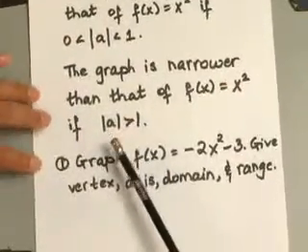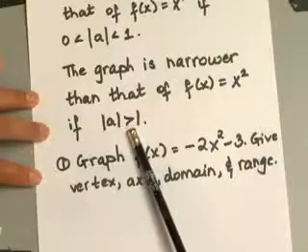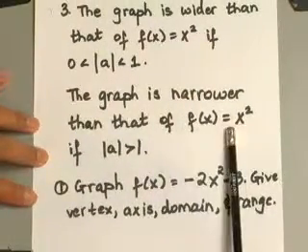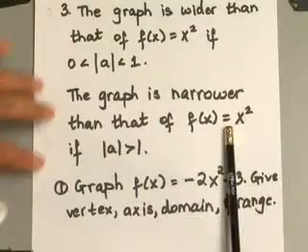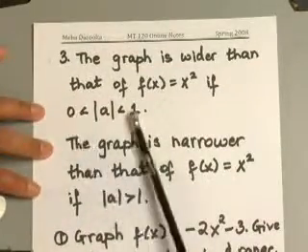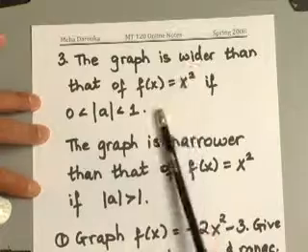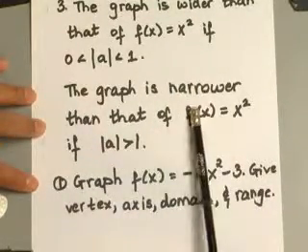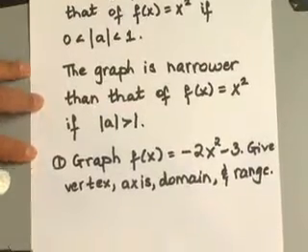And if the absolute value of a is greater than 1, then your graph is going to be narrower than our basic x squared graph. So again, if a is between 0 and 1, the graph is wider than x squared. If a is greater than 1, the graph is narrower than the x squared graph.